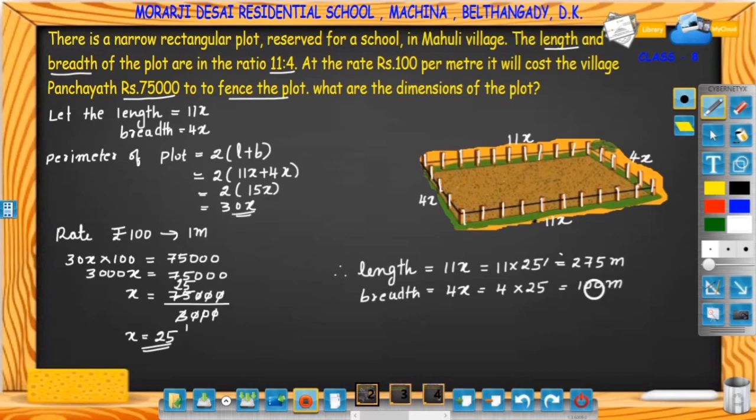Therefore, the dimensions of the plot are 275 meter and 100 meter. Dimensions means length and breadth.